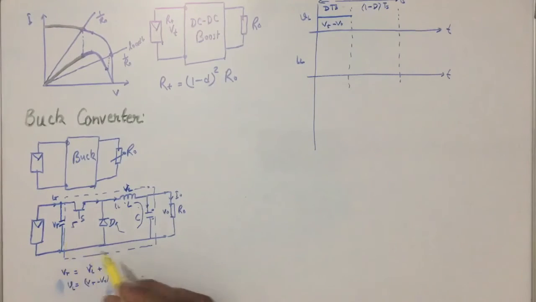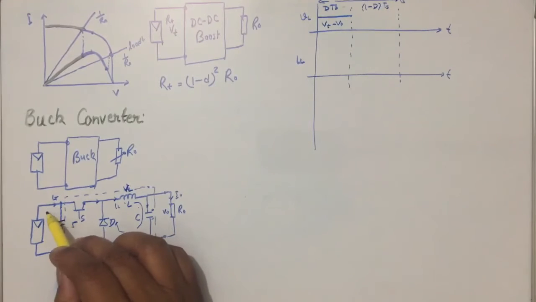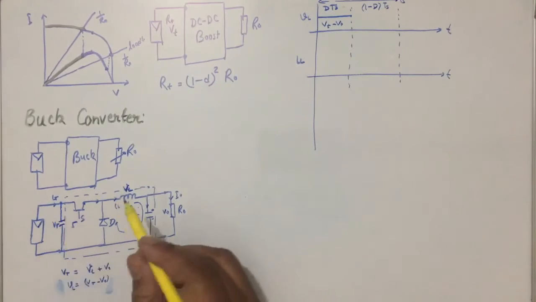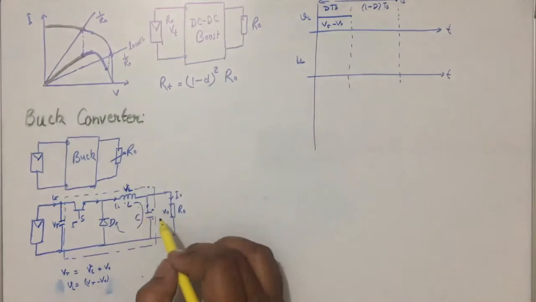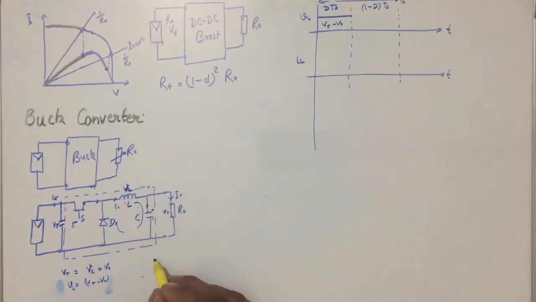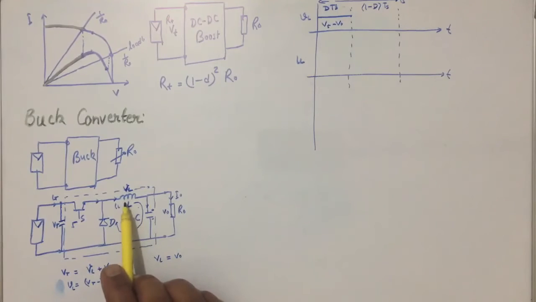So in off condition, this current has this path. However, in this circuit, VL will be equal to V naught following the KVL. The source is this, that is charged already, and this is a load.